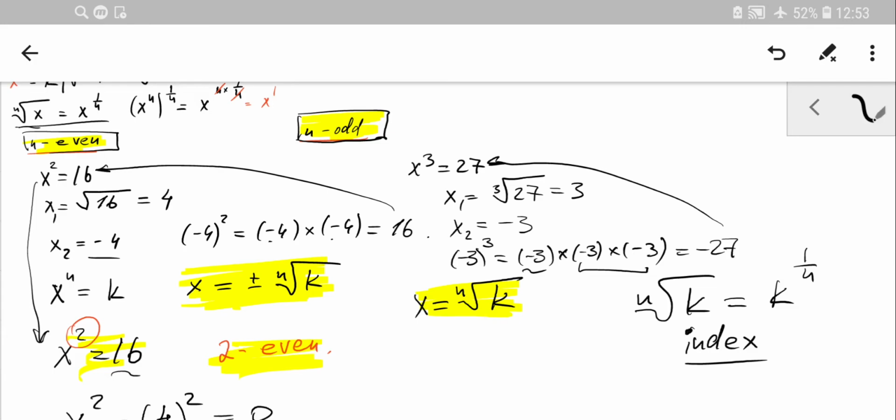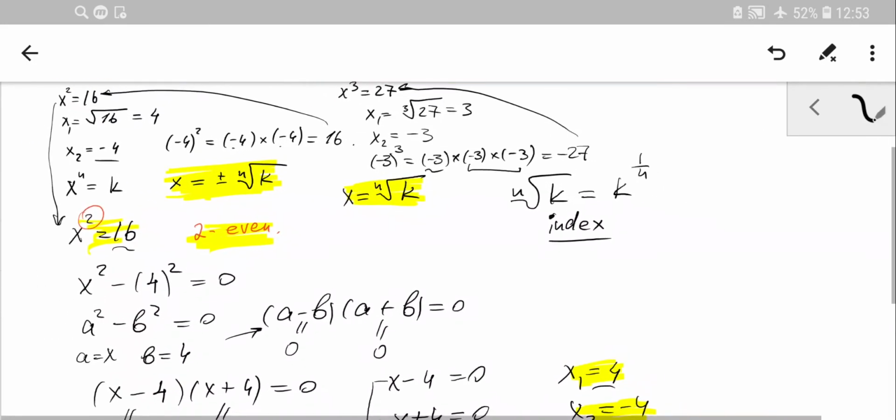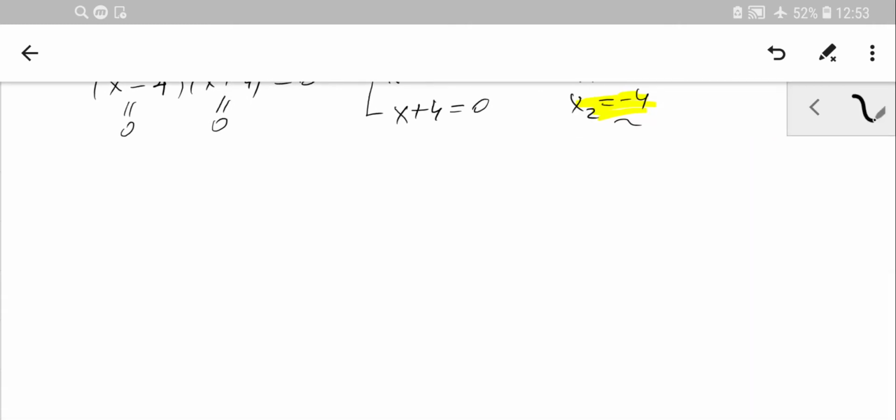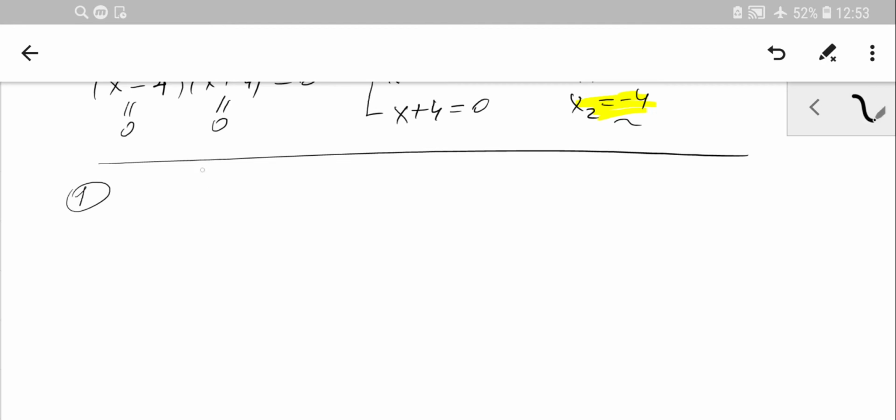Okay, so let's figure out several values. The first example, when we have x squared equals, let's say, 13. I'll intentionally take a non-square number.